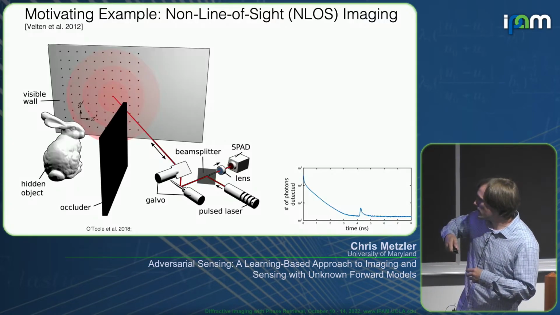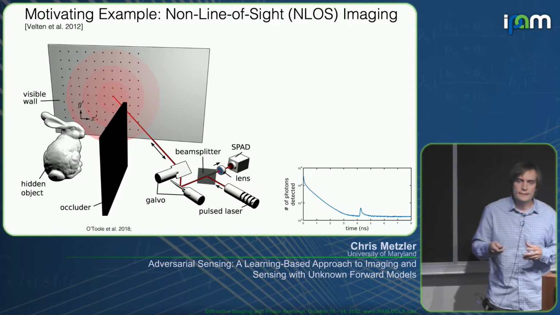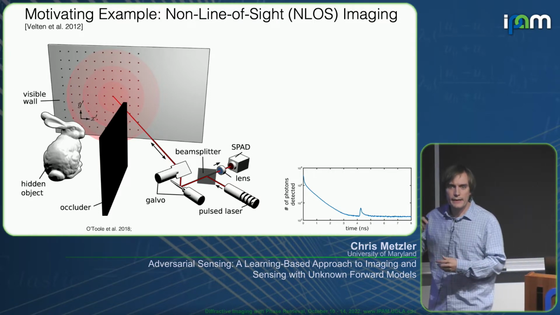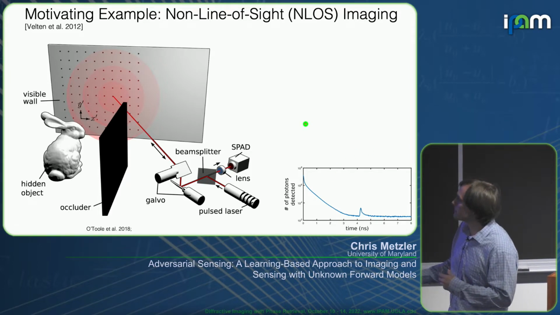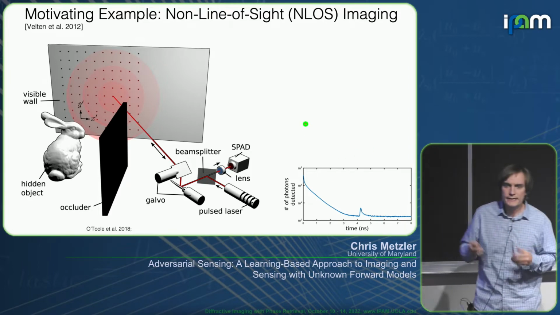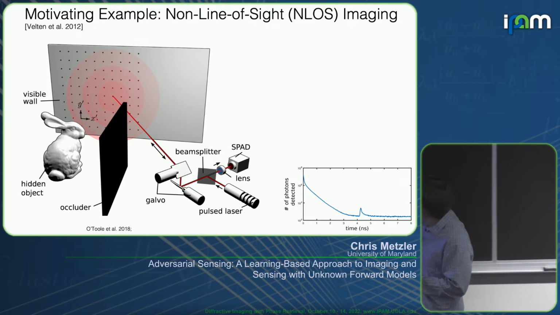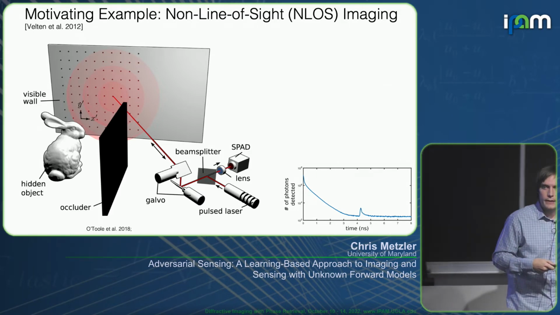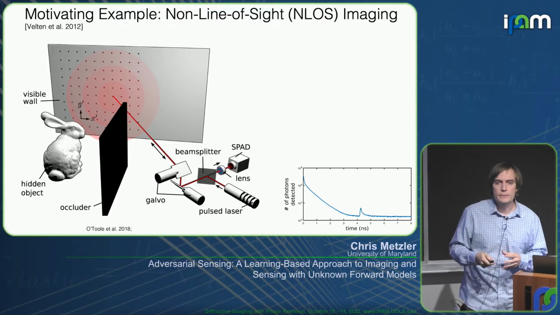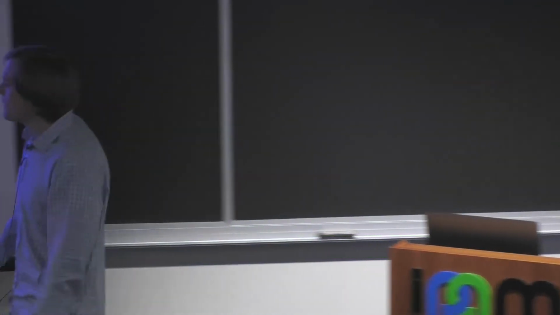And taking a brief aside and motivating this, one application where this shows up, where you might not expect it, is in non-line of sight imaging. So the basic idea behind non-line of sight imaging, which was first demonstrated back in 2012, is essentially we can use what's essentially a LiDAR system to image around a corner.